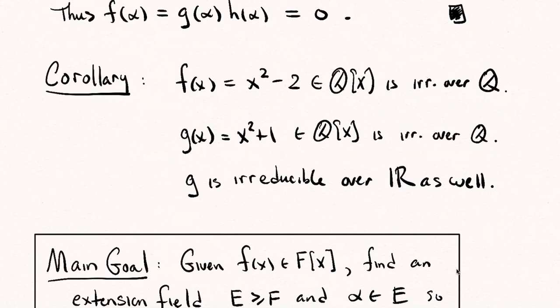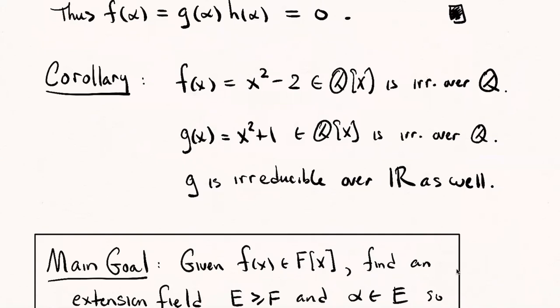Its two zeros are plus and minus i. Neither one of those things are rational numbers. In fact, plus or minus i are not even real numbers. So the polynomial x squared plus 1 is irreducible over the real numbers as well.